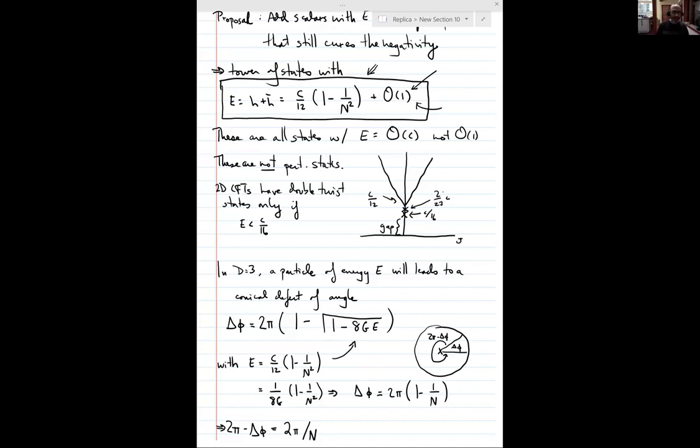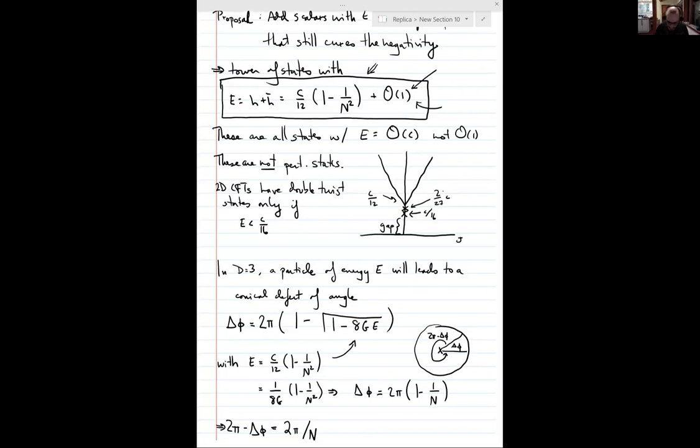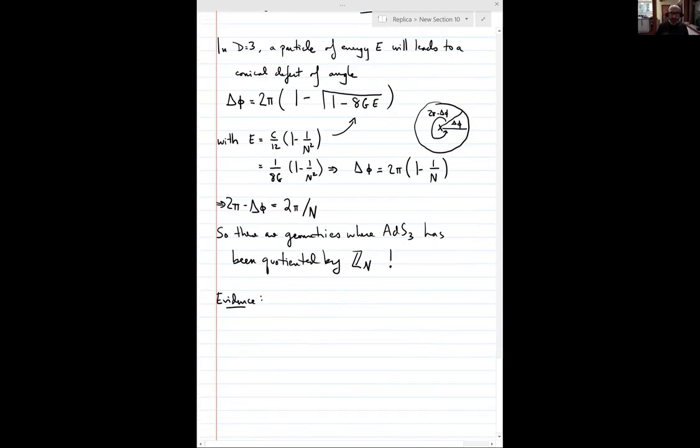And I don't know exactly how to interpret that. One interpretation might be that there's just some bare counterterm for the mass that you need to put in by hand. That's order 1. Or it might be that when I talk about computing, for example, the 1-loop determinant that computes the renormalization of these mass terms, there's some subtle boundary condition at the singularity that you need to think about.